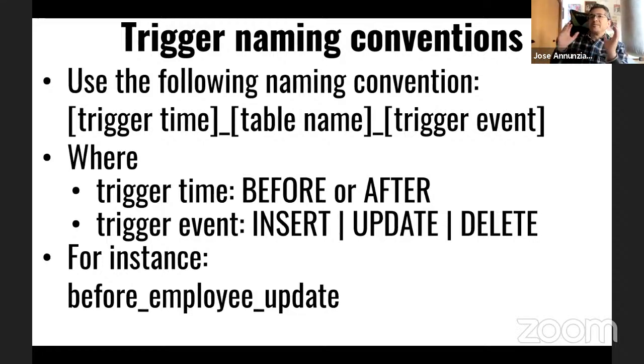So for instance, if you want to take a look at the data that you are inserting or updating and maybe have a chance to say, no, that's bad data, I don't want that data, well, that would have to happen before the insert or the update actually happens. You want to take a look at it and say, well, no, I don't like that. Or you can decide that it's after.